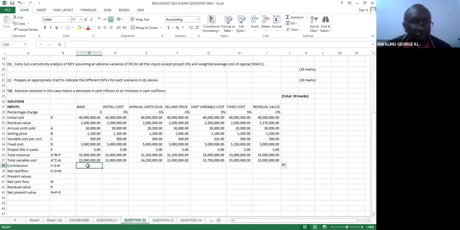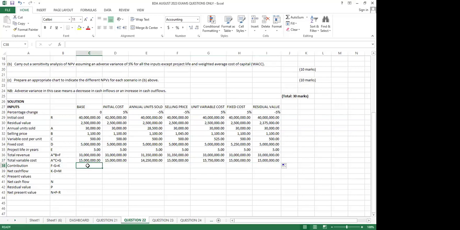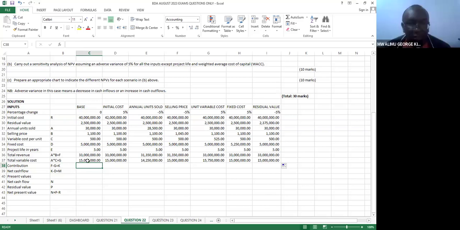Let's get the contribution. Now this, can you repeat the total variable cost? Okay, the total variable cost we have said is equals to, you get the number of units here, multiply by the variable cost per unit, this one, the 500.